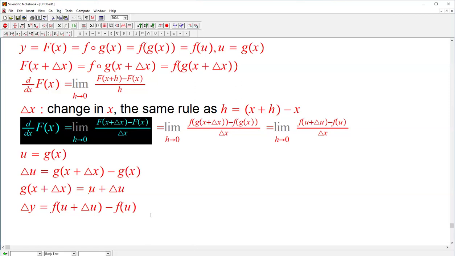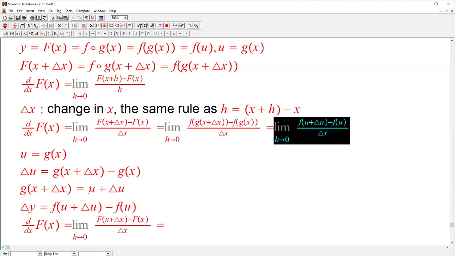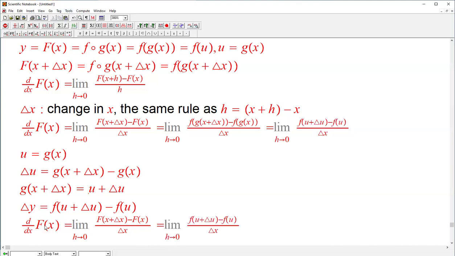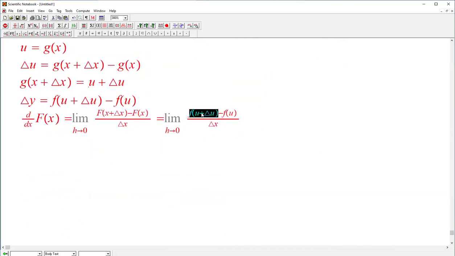In this shorthand notation, let's take a look. After all of these introductions, we have a different perspective. This different perspective is we're taking this limit, which is equivalent to the original limit we're interested in. But this will be the change in y. So to find the derivative with respect to x, we will need to find the limit of change in y divided by change in x.